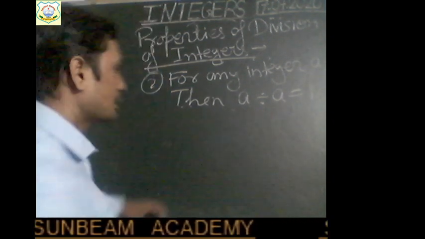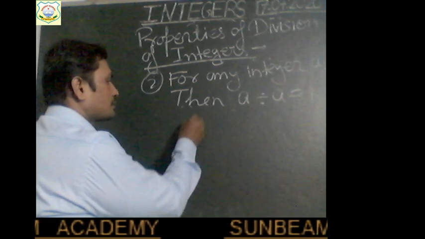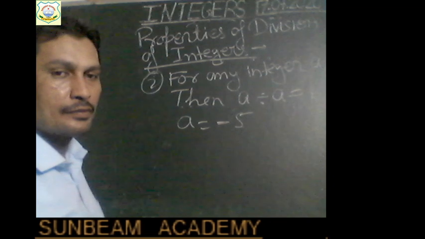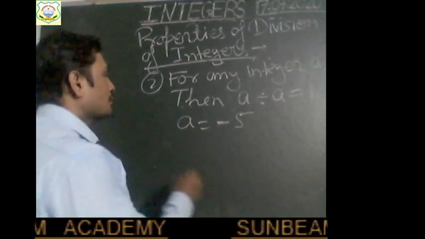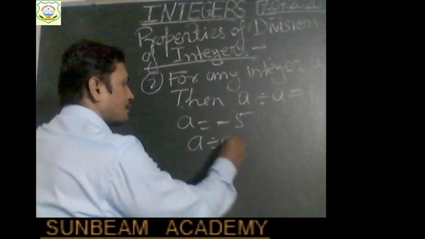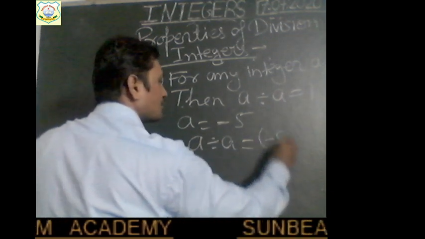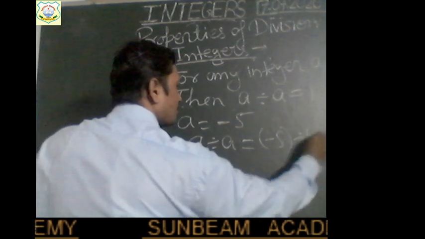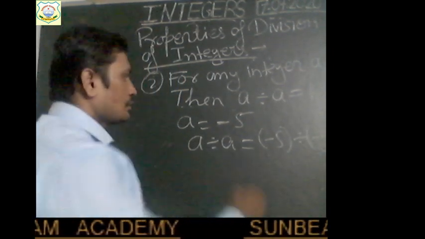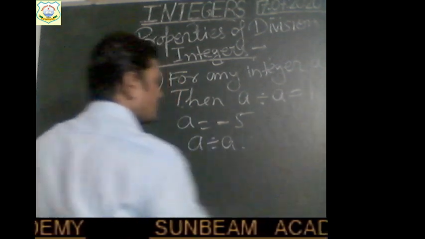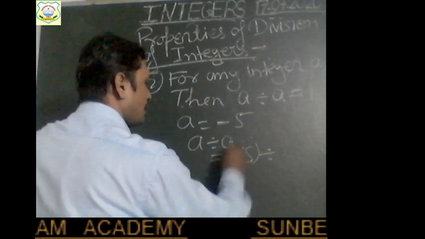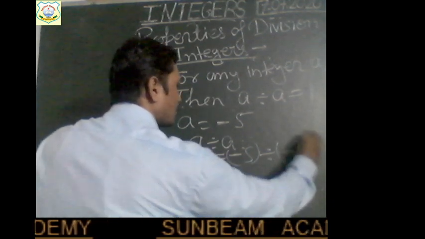It means if we have to divide, suppose a equals minus 5, right? And divide a by a. So we will get minus 5 divided by minus 5. Right, children? Here I am writing minus 5 divided by minus 5.